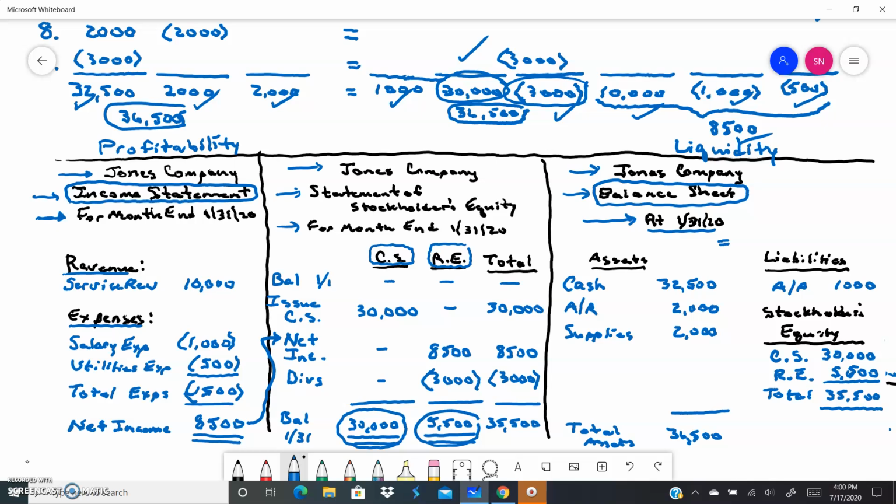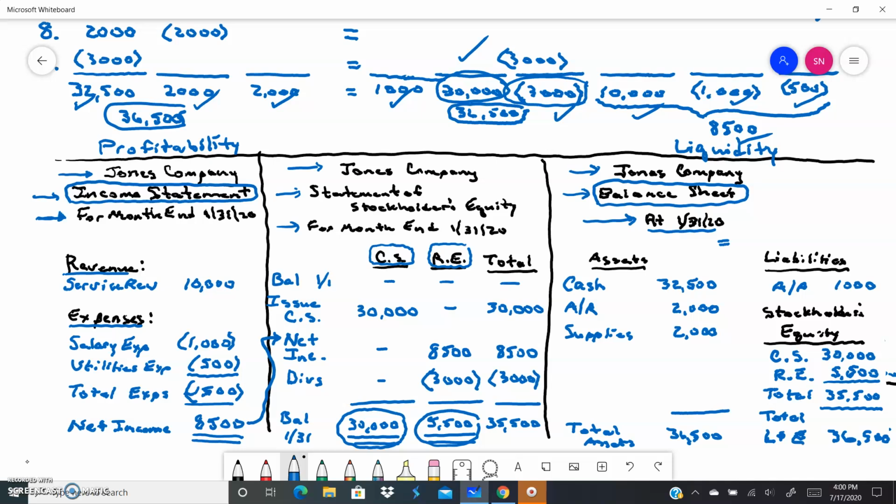And if I add that to my liabilities, so liabilities plus stockholders' equity, I get $36,500. So my total liabilities plus my stockholders' equity, and I'm just going to put an E for equity. Of course, that would be spelled out.